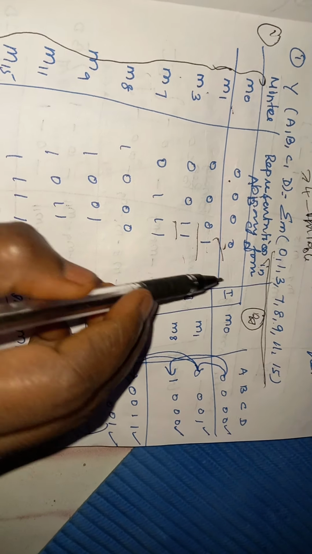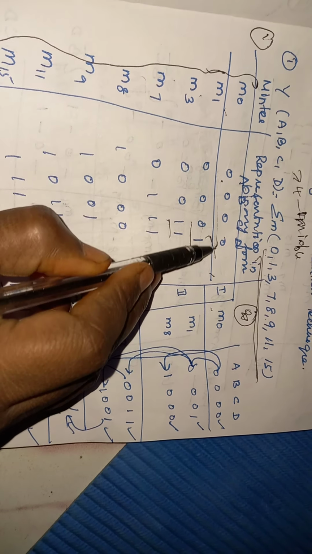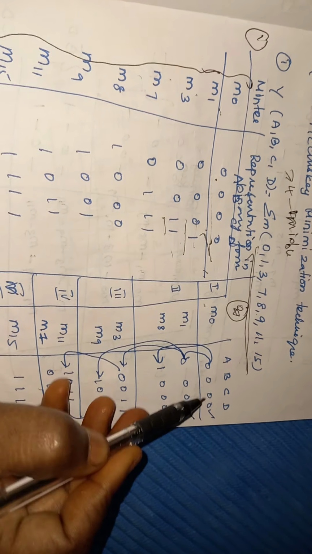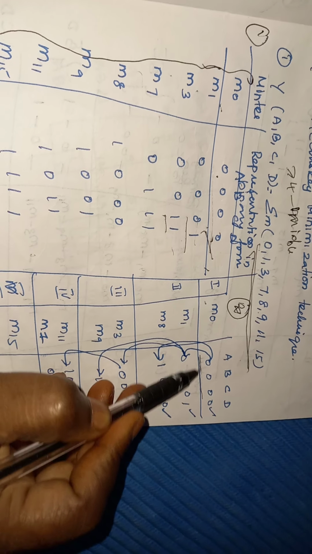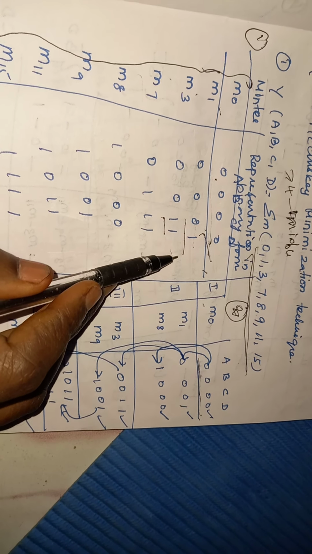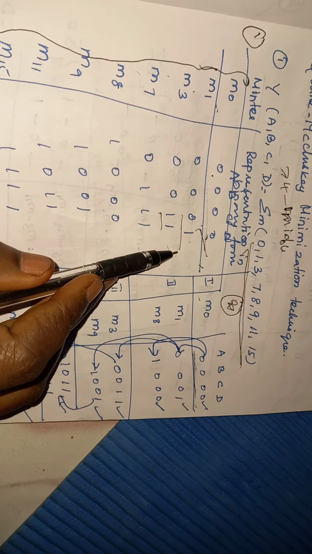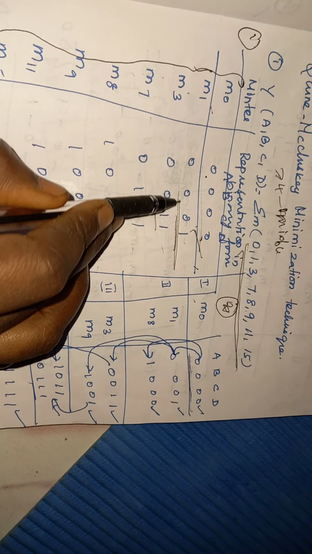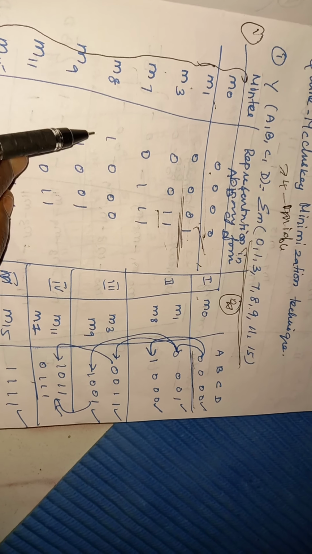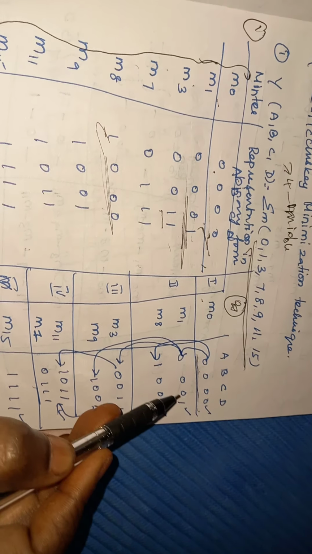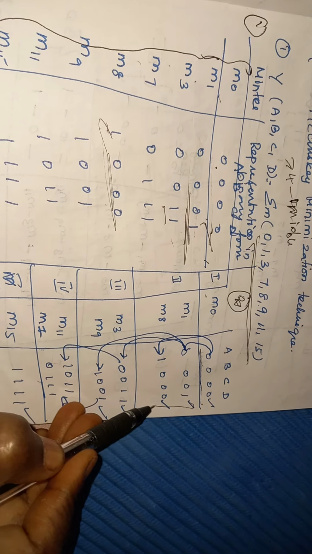Here the first group has no 1 in the variables, so I have arranged it as 0000. Then consider minterms having only one bit as 1. Here this one has only one 1, and this one also has only one 1, so the 1-bit cases are arranged here.